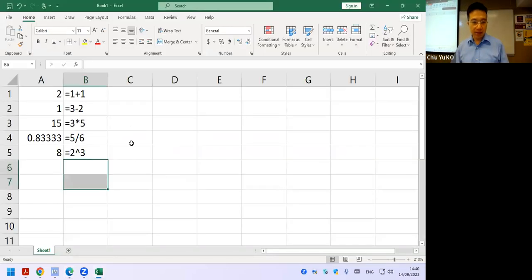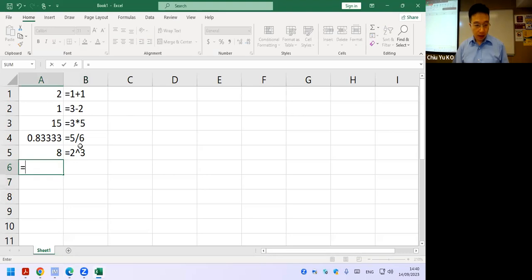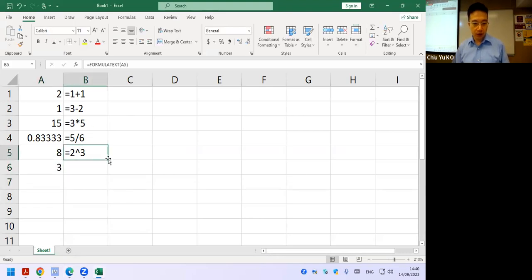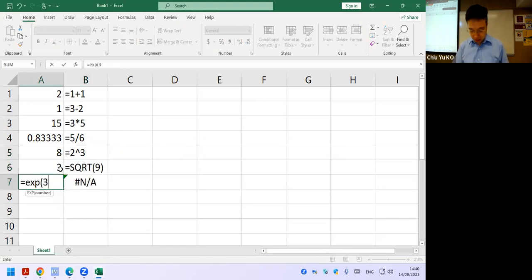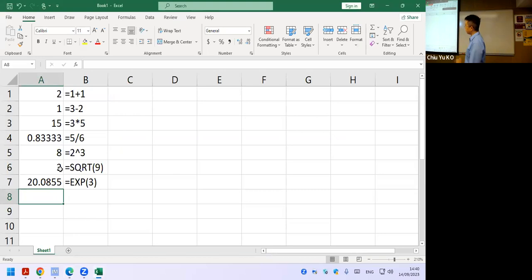So let me do that here. SQRT of 9 should give you 3. And this EXP of 3 should give you 20. So I hope you're able to enter the function. And in Excel, function names all use capital letters.